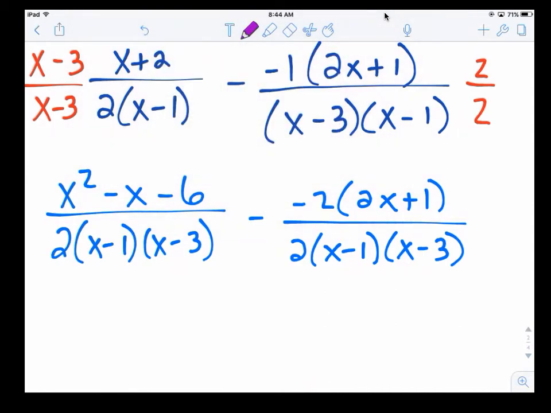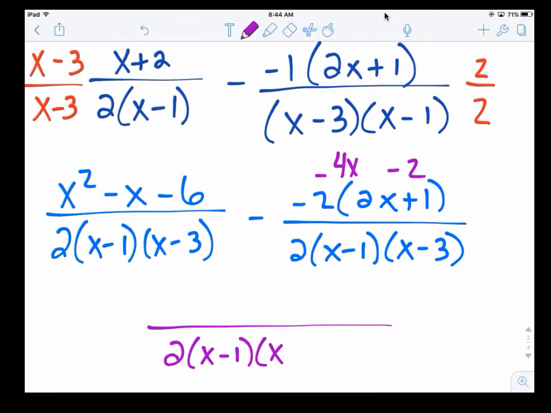All right, so I'm going to try and combine now, right? So probably should multiply this back in so I know what to combine. So this gives me negative 4x minus 2. Okay, so I got 2, x minus 1, x minus 3.